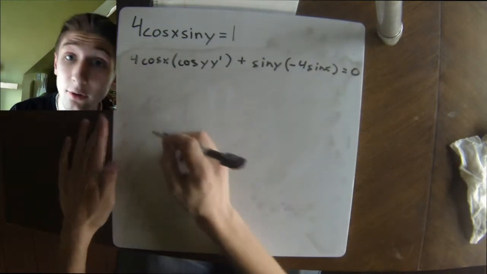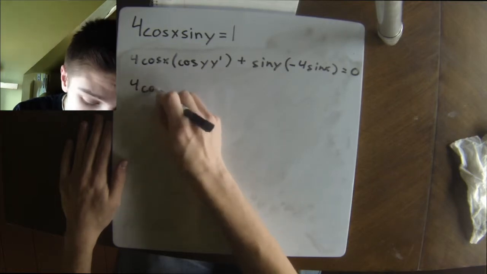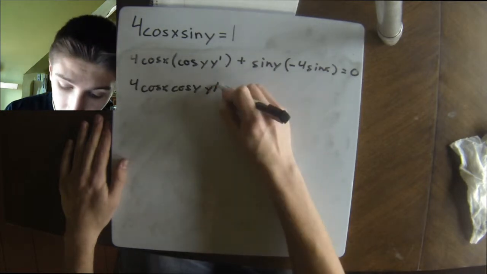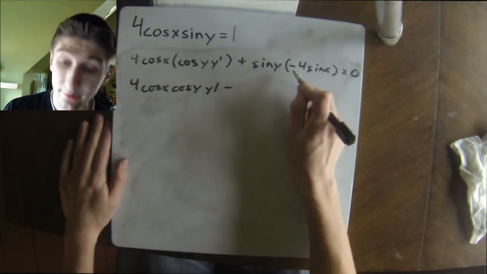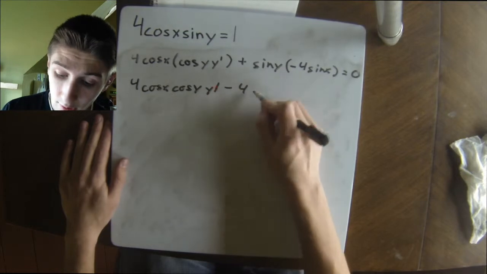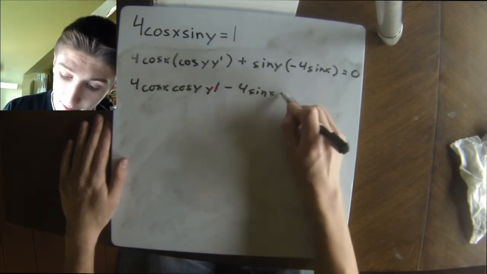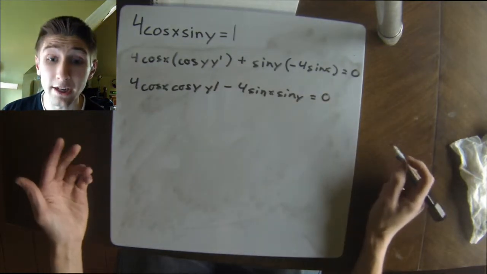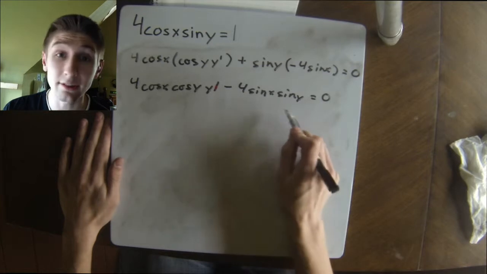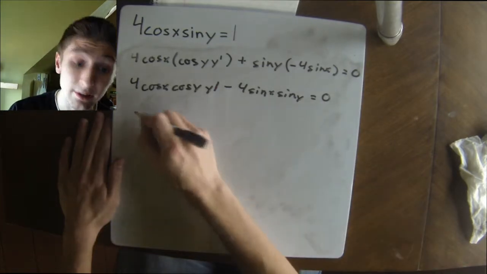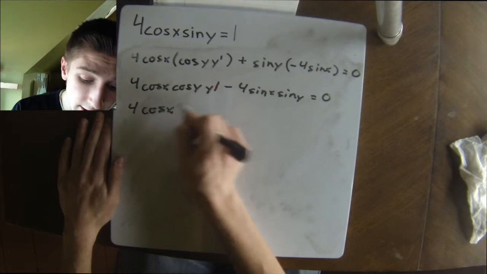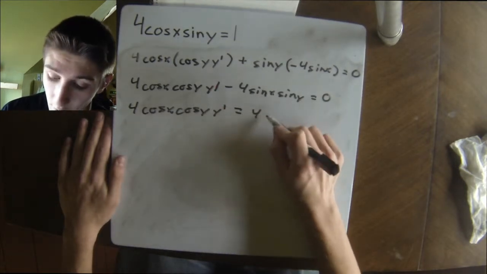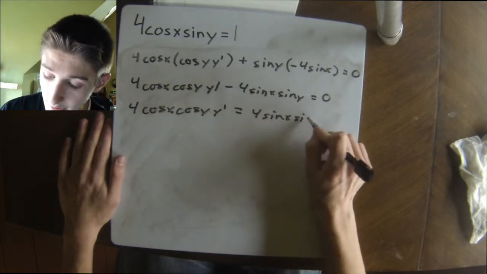Then you collect, so what you end up getting is 4 cosine x cosine y y prime minus, because you have that negative, 4 sine x sine y equals 0. So what we're going to do next is put 4 sine x sine y on the other side. So you'll end up getting 4 cosine x cosine y y prime equals 4 sine x sine y.